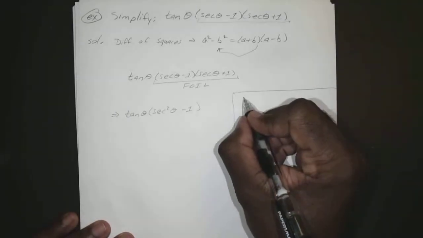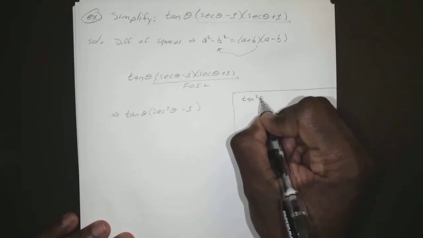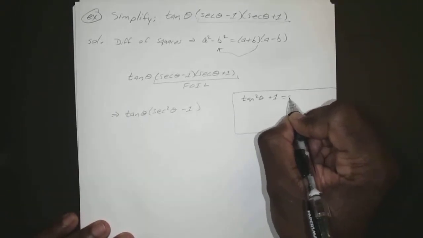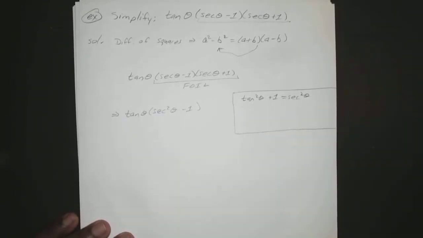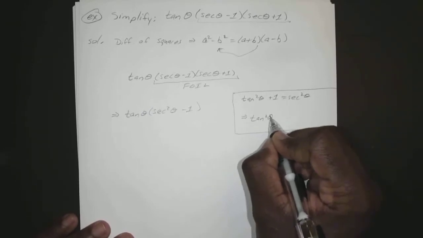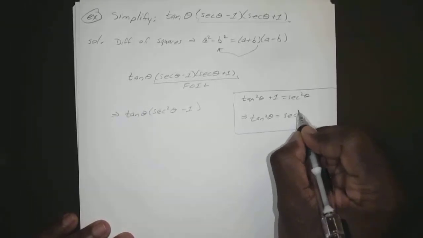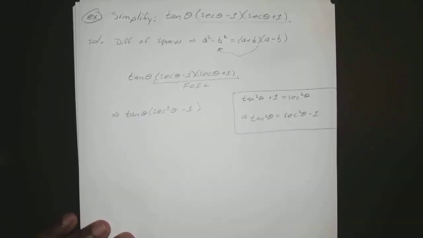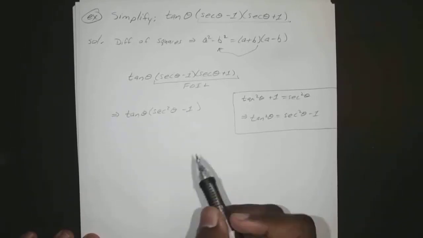Okay. Now we also know that tangent squared plus 1 equals secant squared, which means that tangent squared is secant squared minus 1. So all we have to do is plug in our tangent here.